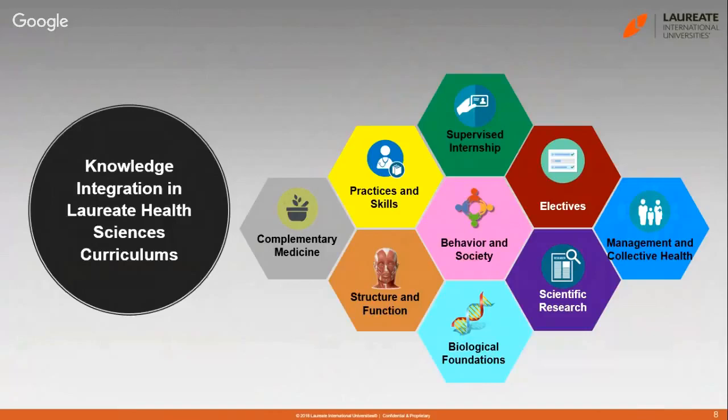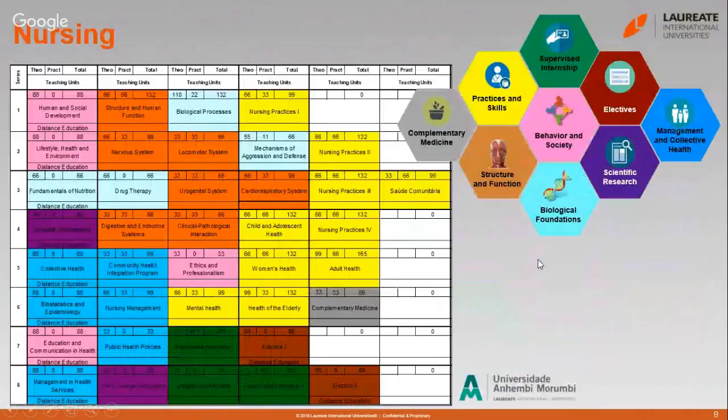To better understand this division in curricula blocks, I brought you an example, which is the nursing curriculum. You have here all the blocks of knowledge, with structure and function in orange, and here we have all the teaching units that are part of this knowledge block.